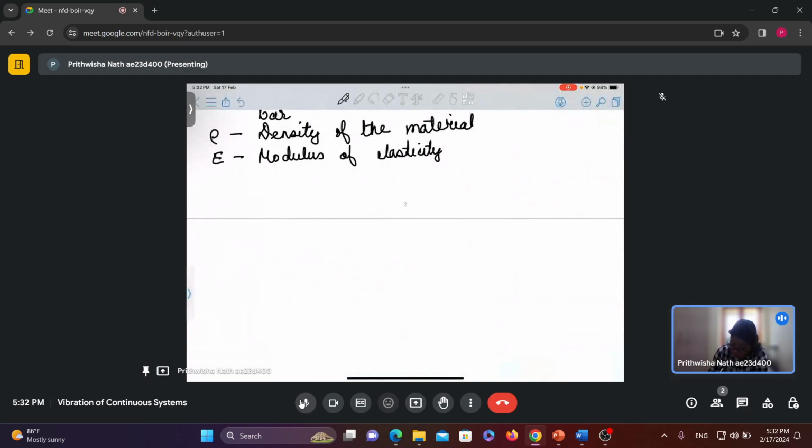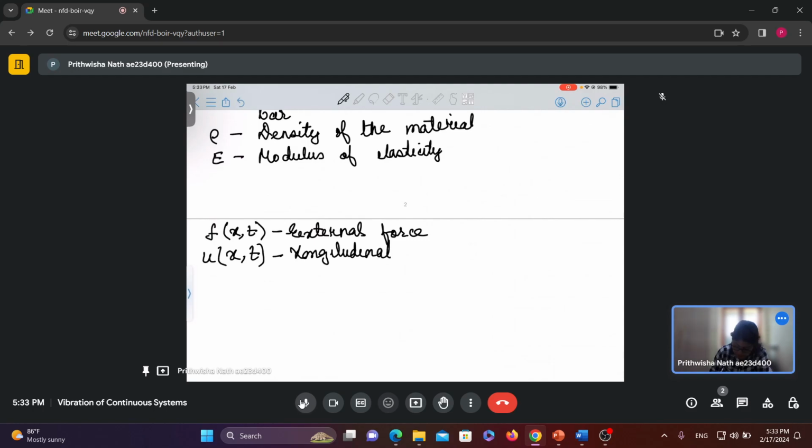F is the external force. And u is the longitudinal displacement of the bar. And m is the uniform mass of the bar.